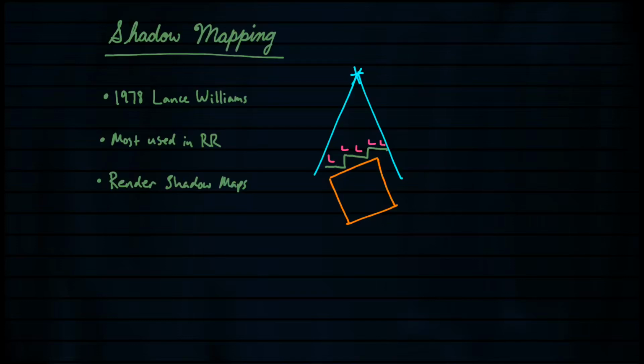What this is called is surface acne. This is a very common artifact that comes up with shadow mapping, and essentially what you have to do with shadow maps is optimize this bias. So we basically add a bias, or an offset, that's another word for it, to the Z values that we write. That way when we do our comparison later, we can avoid those numerical issues.